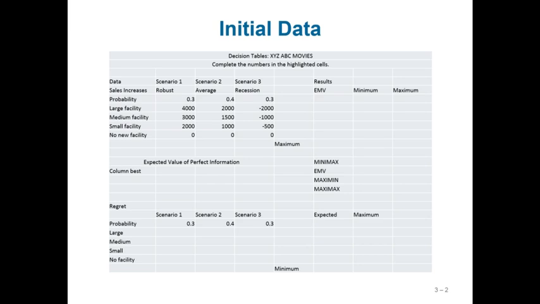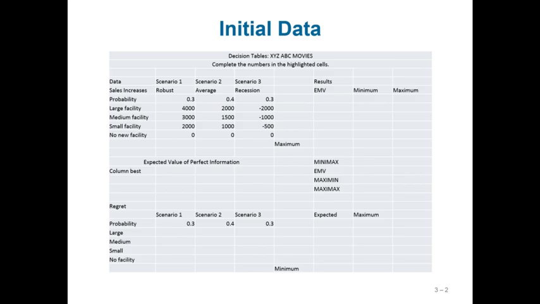In this situation, they would take a look at the marketplace and judge it to be either one that portended a robust future, one that was just average, or one looking at a recession.